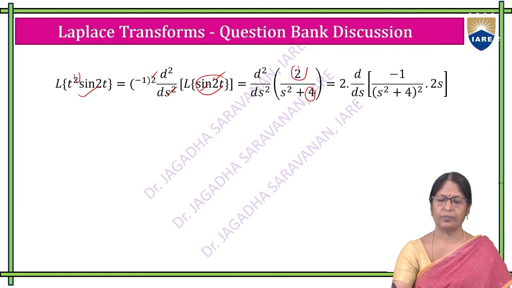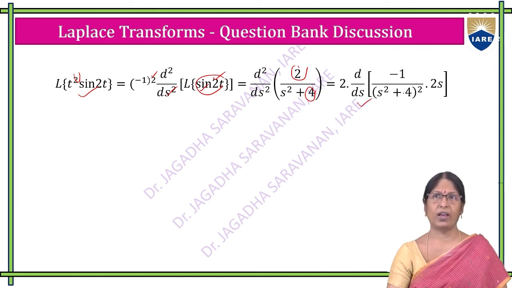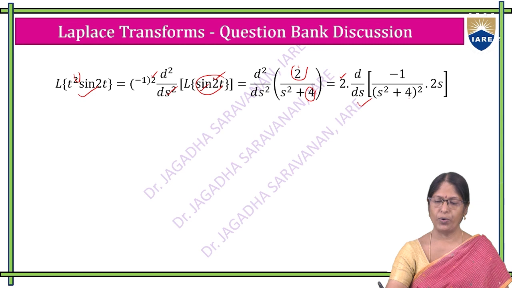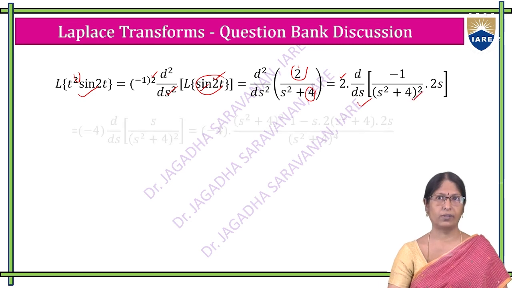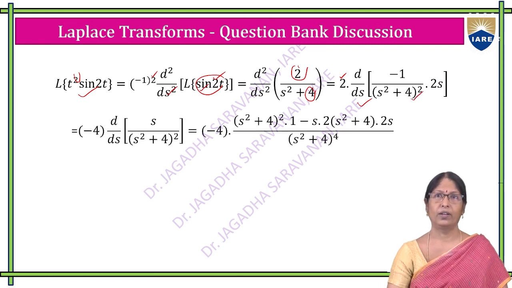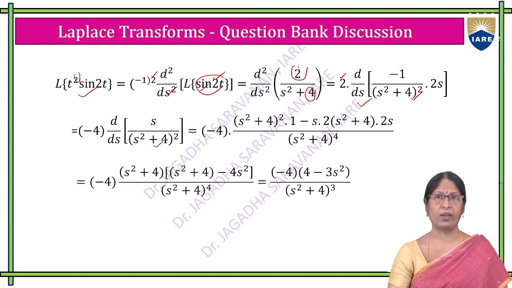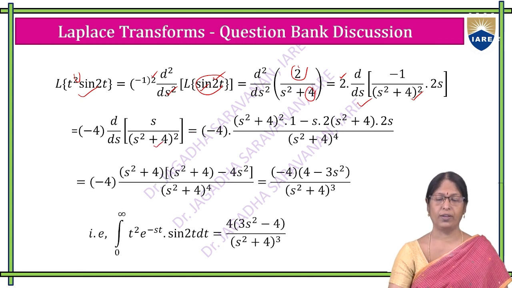Next, the first time we are doing the derivative, it has to be done 2 times. The 2 which we kept outside. When we do it the first time, this is the result we obtained. With the first result, one more time we do the differentiation.